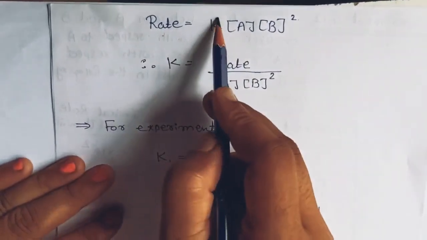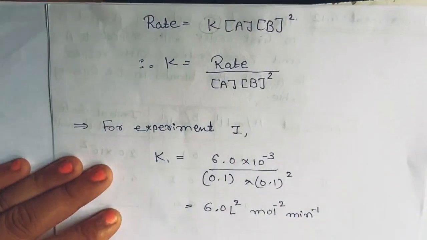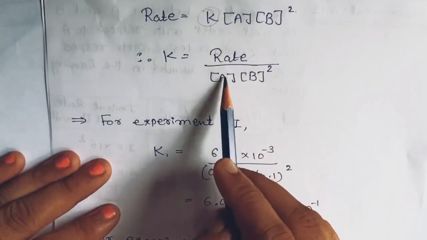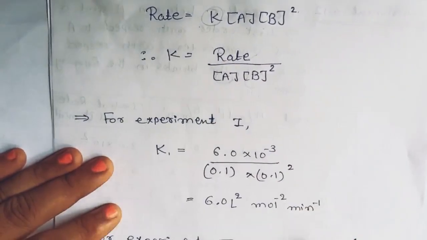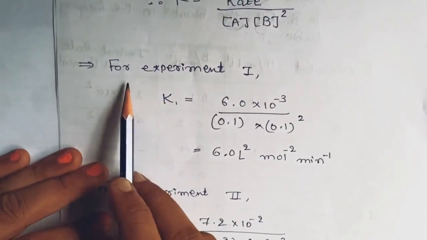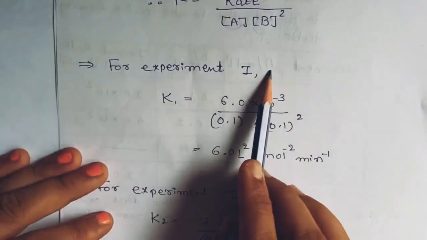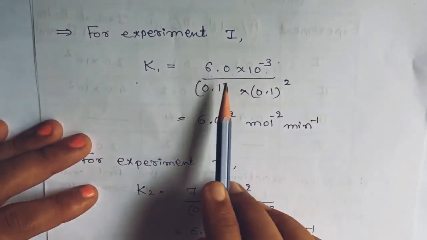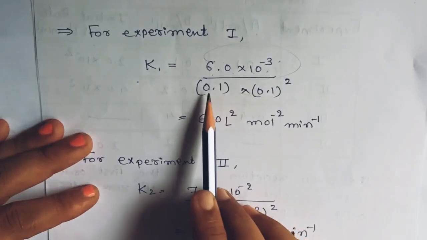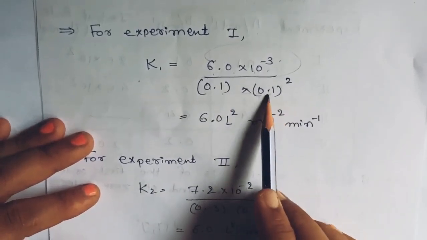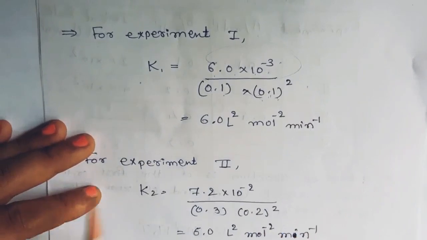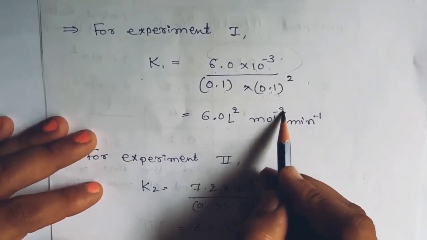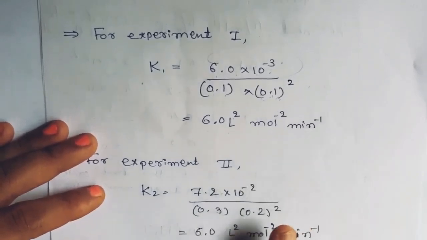From this equation we can make the rate constant the subject, because we know the values of rate, concentration of A and concentration of B. So for experiment 1, k1 will be 6 into 10 to the power minus 3, which is the given rate, divided by concentration of A, 0.1, and concentration of B, 0.1 squared. So you will get 6 liter squared mole minus 2 minute minus 1.